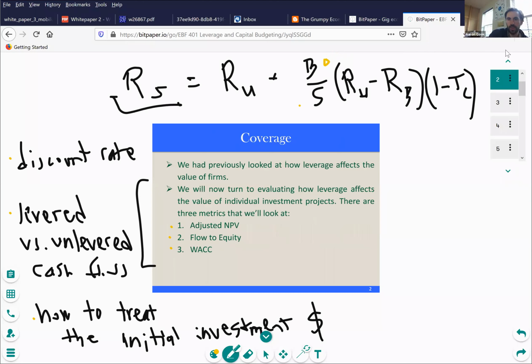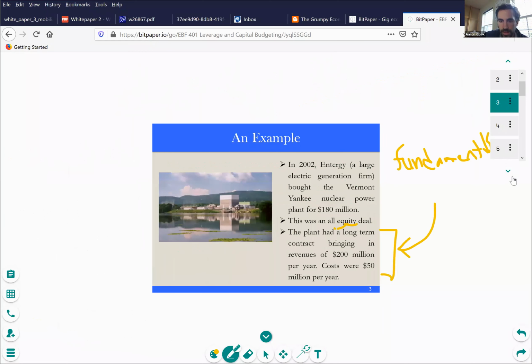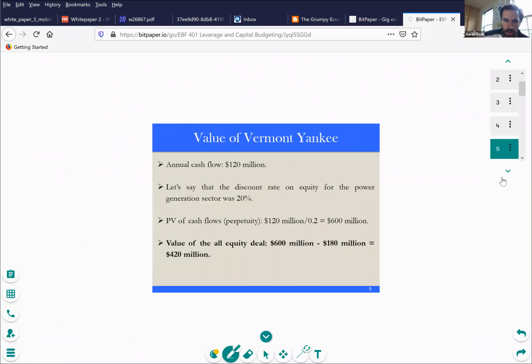So that makes this whole right-hand side cancel out, and all that we're left with for the cost of equity is the unlevered cost of equity. So that's what we use as the discount rate for these $120 million cash flows.